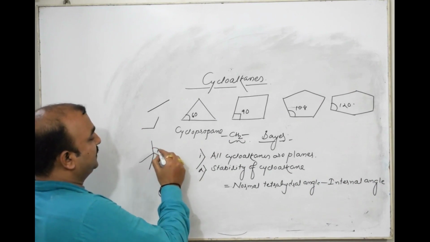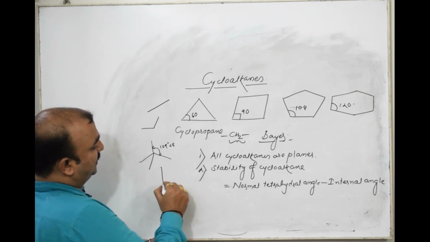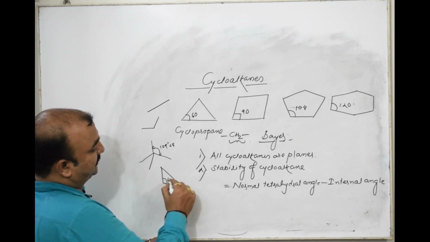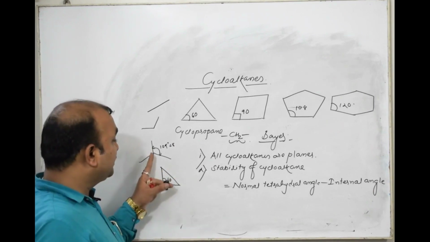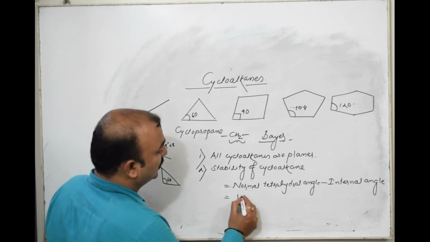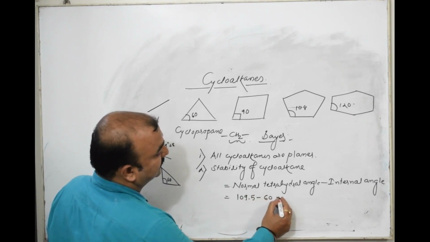Now please see, this bond angle is 109 degree 28 minute. Now if you want to prepare cyclopropane, you have to bring this bond like this, so it will become 60. So that is the deviation from the normal tetrahedral angle. For cyclopropane it was 109.5 minus 60.